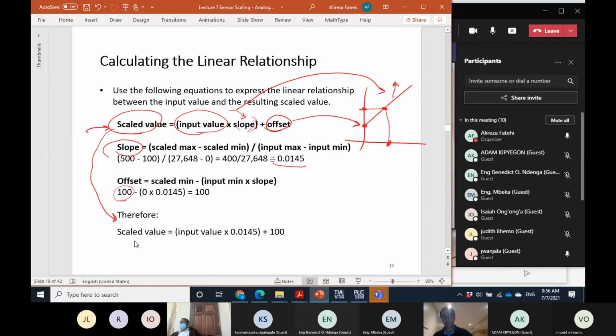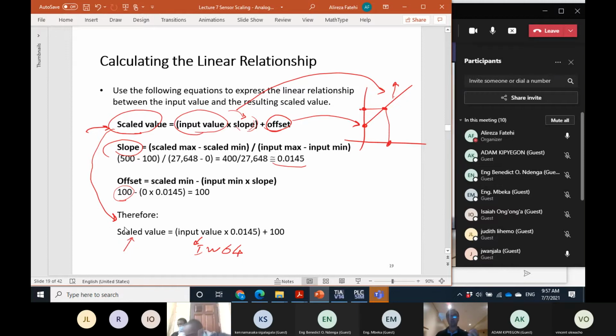For this example, the formula that we should implement in the PLC is this: scale value equals input value multiplied by this number plus this. So if you have this input value, for example, input value 64, by multiplying that by this number and adding 100 to that, we can find out how much is the scale value, how much is the temperature in degrees centigrade.